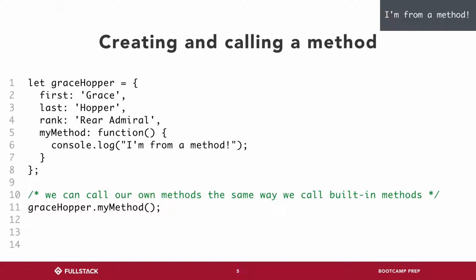But usually VS Code and Sublime have shortcuts. If you right-click this object, it'll say go to definition. It'll open up the file that it's actually defined in, you can see all the keys, and then you would be able to tell that it's a function.